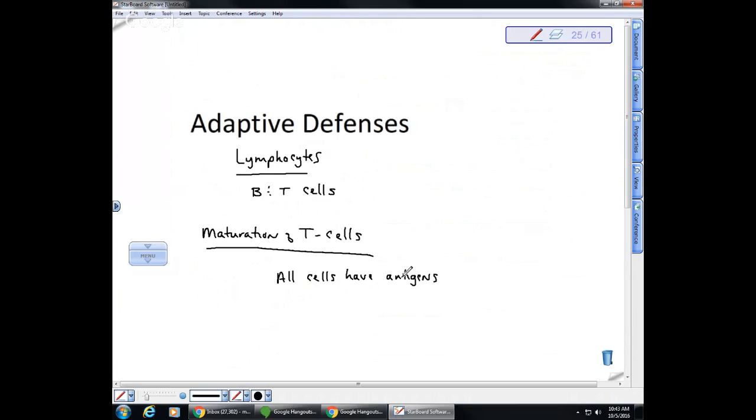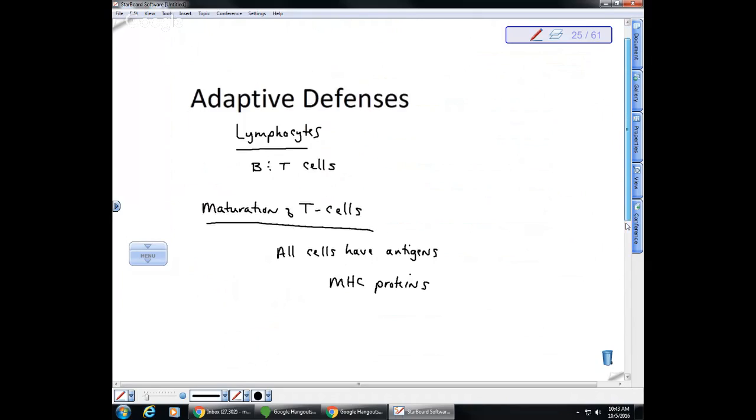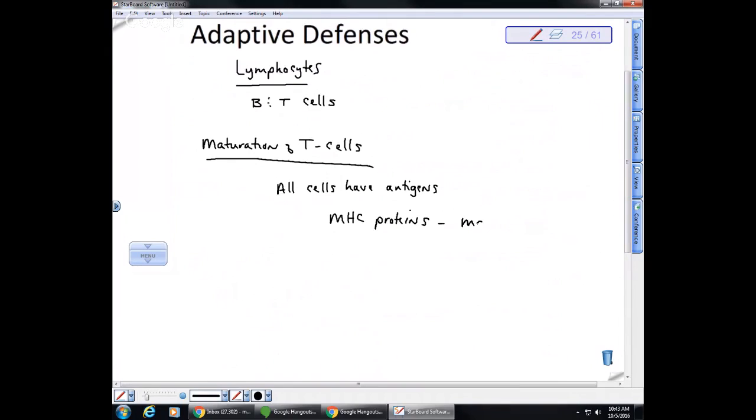One specific group of antigens is really important, and these are called the MHC proteins. Has anybody ever heard of these? MHC stands for major histocompatibility proteins.